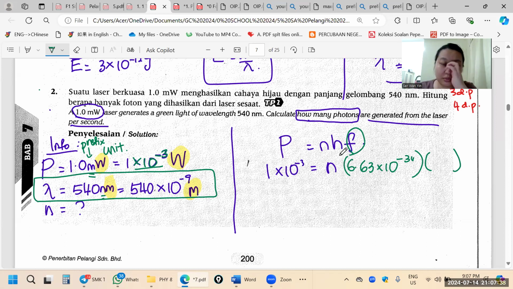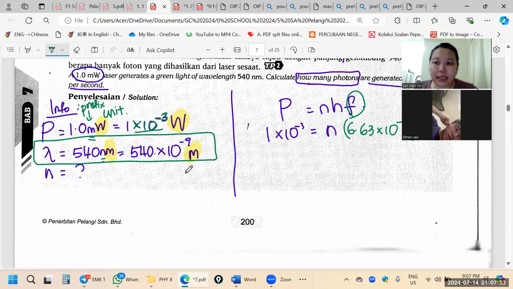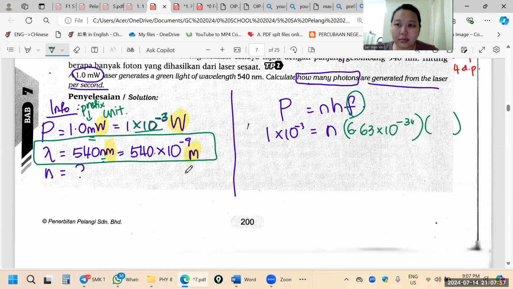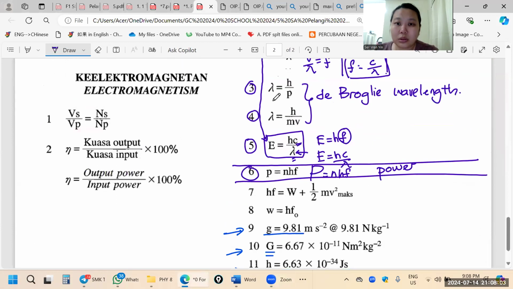What's the relationship between frequency and lambda? Anyone? Yeah. So actually, we can use the formula from here, number 2.